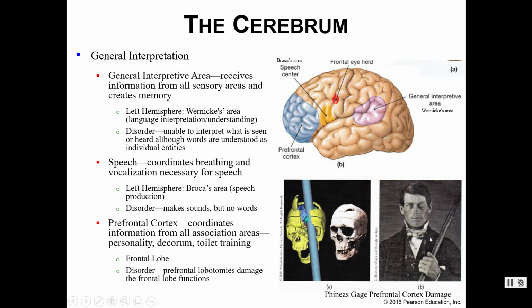This person's name was Phineas Gage. This represents the railroad spike that went through his head as he worked on the railroad a long time ago. First of all, it's kind of amazing he didn't die, because this was in the 18-whatevers, and medical care wasn't all that great back then. But he didn't die. He was, however, a pretty much different person.